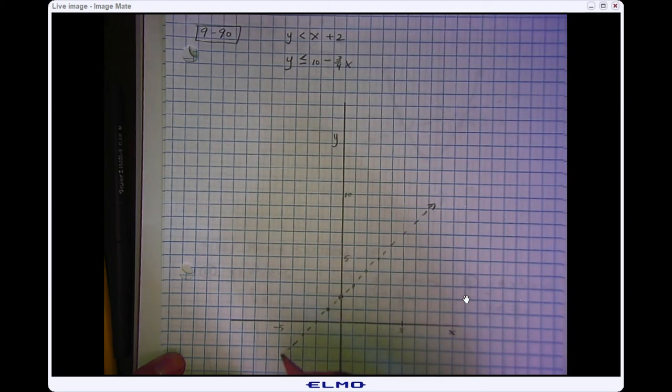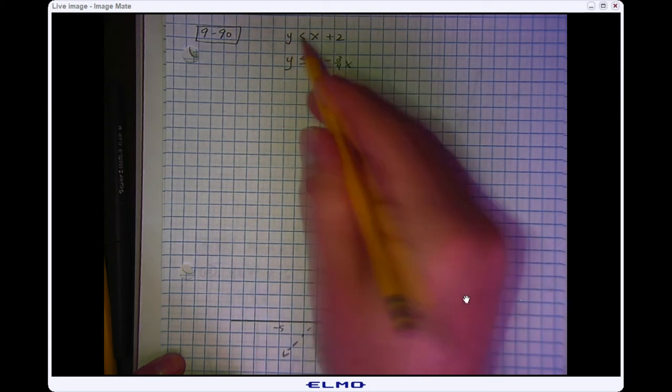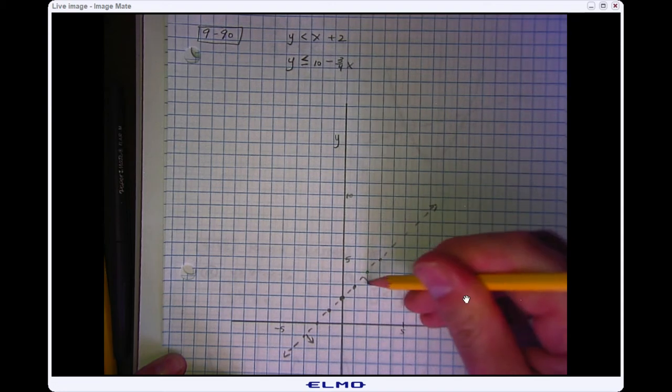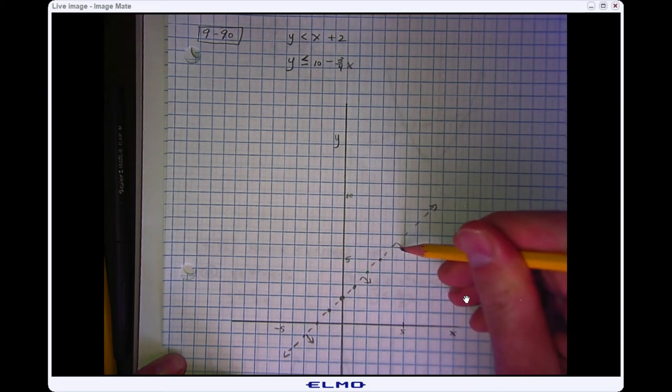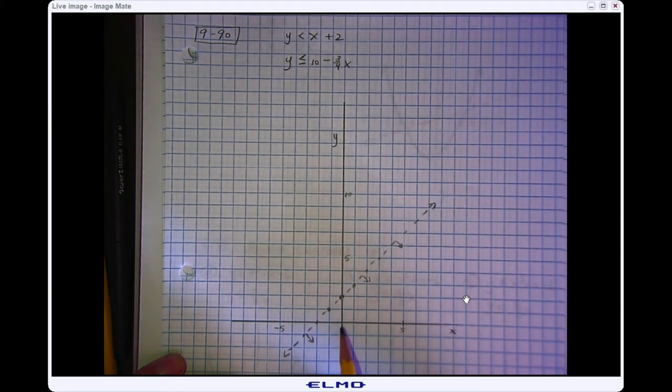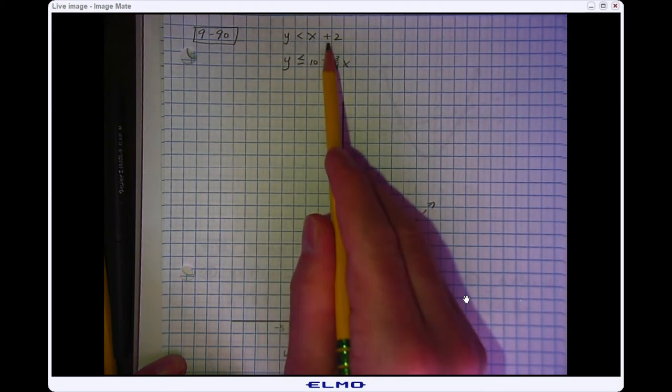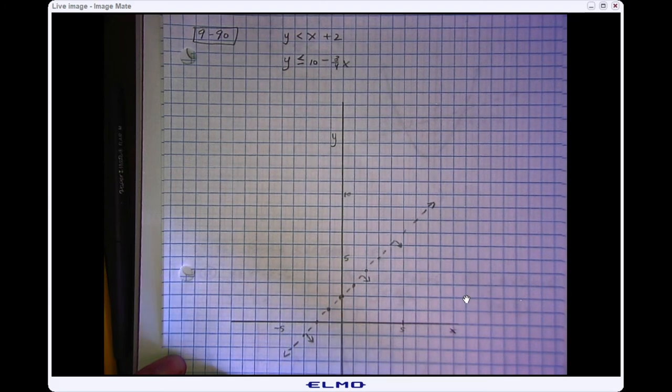Because it's less than, I want to shade below, so I'm going to go this way with my little arrows. I'm not going to shade a lot, just to kind of remember that. But I can also prove it if I put in 0, 0, which is below the line. 0 is less than 2, so that would definitely be where I would shade anyway.